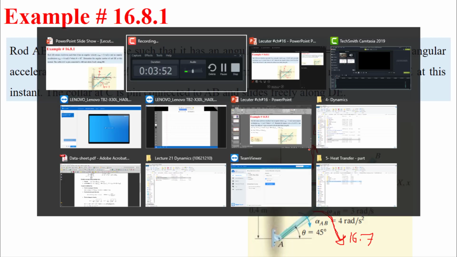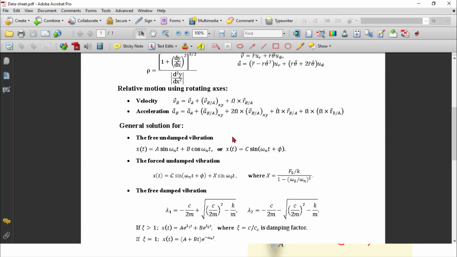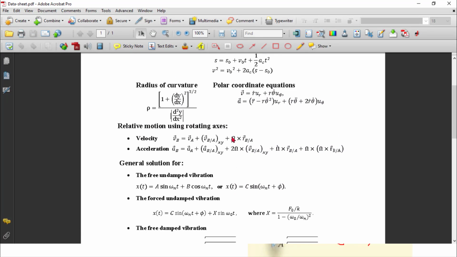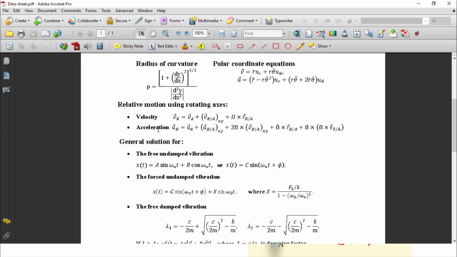Let us take a look at the datasheet equations. Here it is. Before starting chapter 22, we stopped last time here. So let me take this pen. We stop here, and then we jump over this portion to chapter 22.